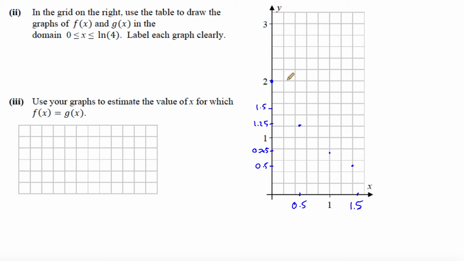So we can draw the graph now as smoothly as possible. You can do this a bit easier than I can.